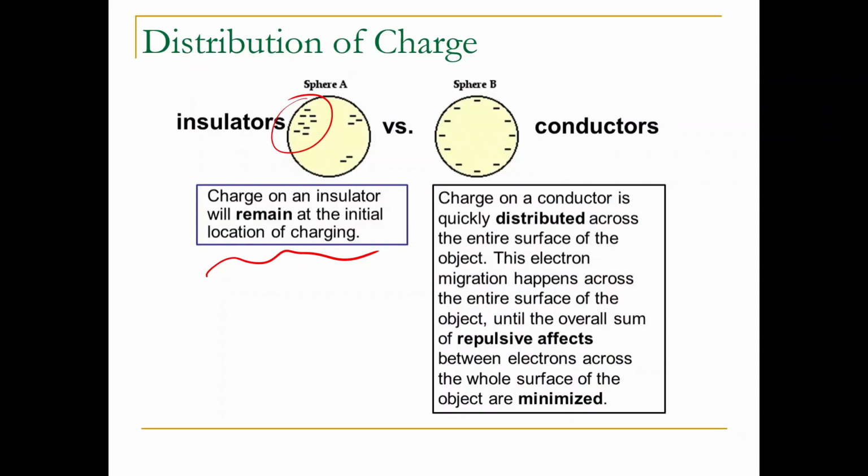So if I put excess electrons on over here, they're going to repel each other, and they're going to repel and repel and repel until the electrons are equally distributed among that surface, especially if it's symmetrical. Although it shows the electrons here, they're going to basically be on the outermost edge of the device.